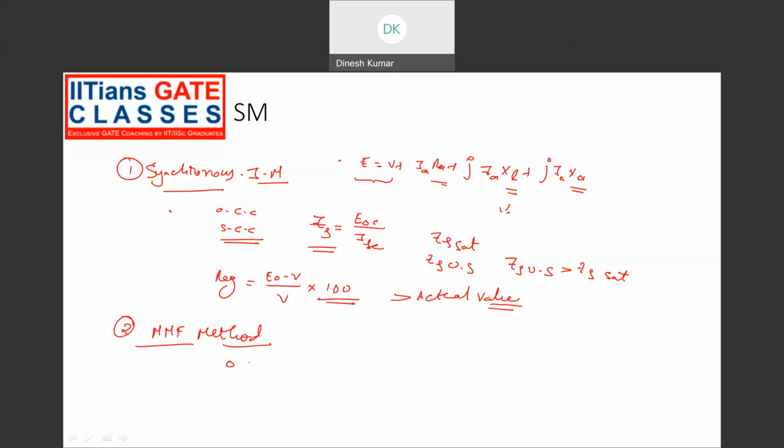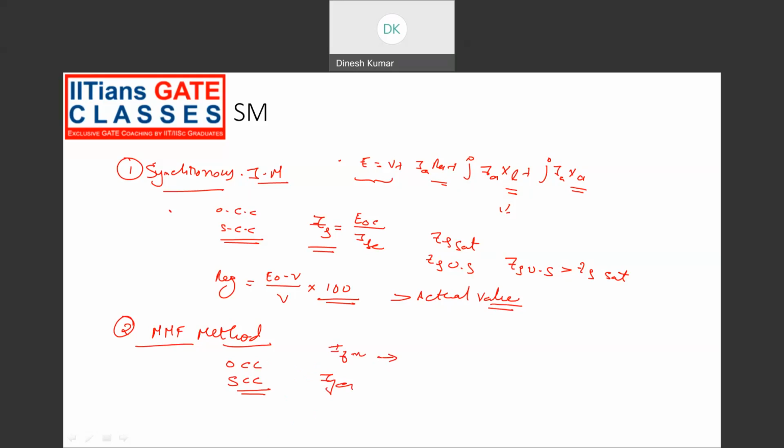This method also requires OCC and SCC characteristics. First, they find two field currents, IFM and IFA.